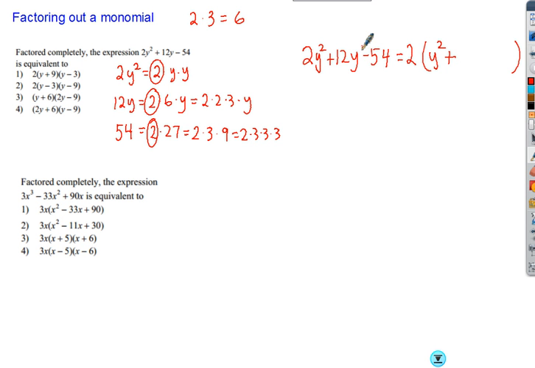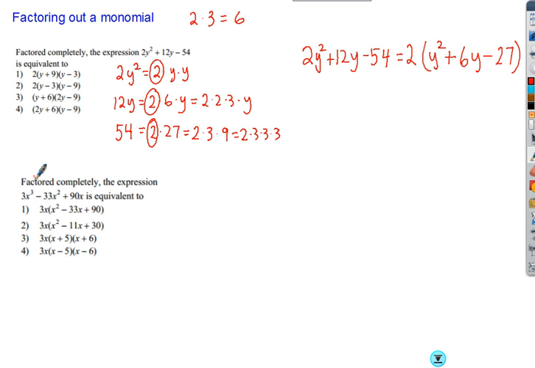We use the distributive property to get here, but this is what we're given, so we're undistributing it. So now, the only thing that's left over here is 6y, so I would just put in 6y. And sure enough, 2 times 6y is 12y. Minus the leftover here, which is 27. You can always check in your calculator. 2 times 27 is 54. So now we've factored out this monomial right here, this 2.